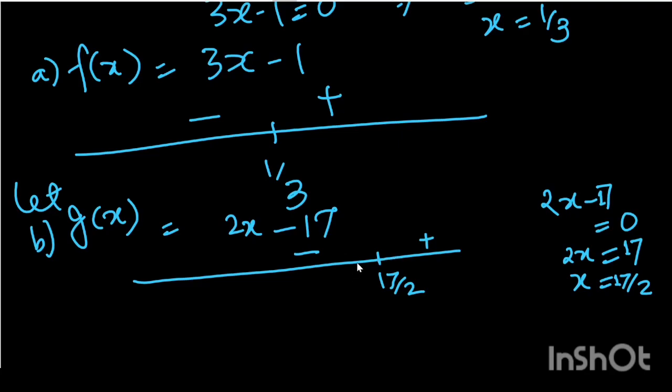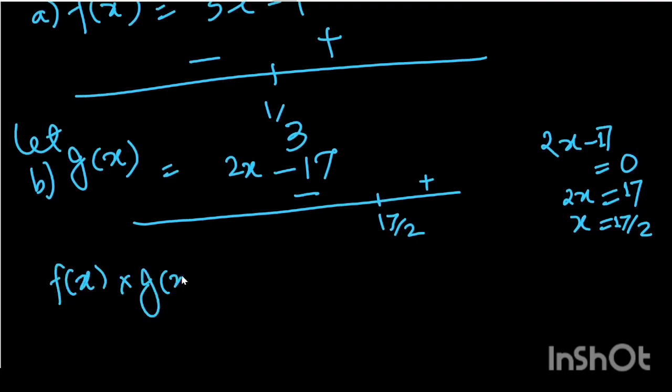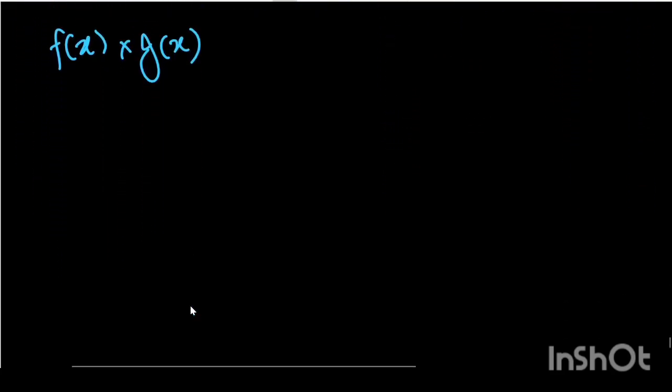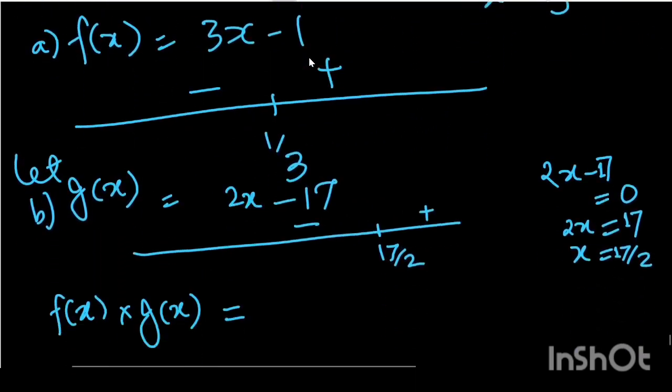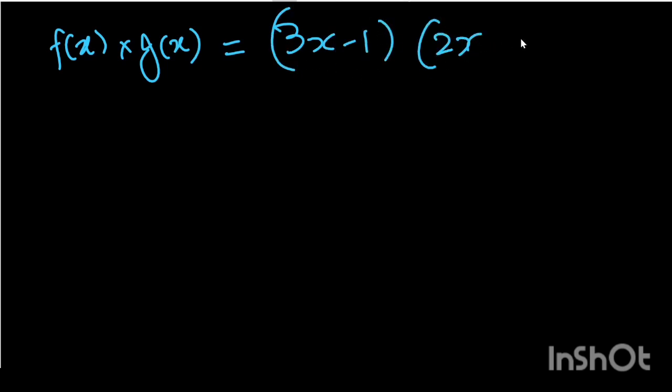Now what if we are interested in finding the product of these two, guys? What I mean to ask is, if I multiply fx into gx, that is 3x minus 1 into 2x minus 17.